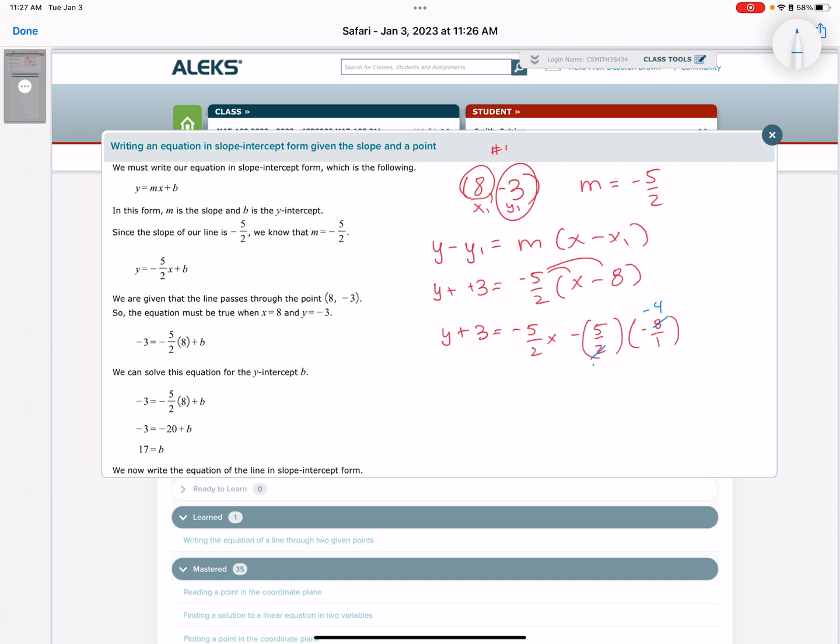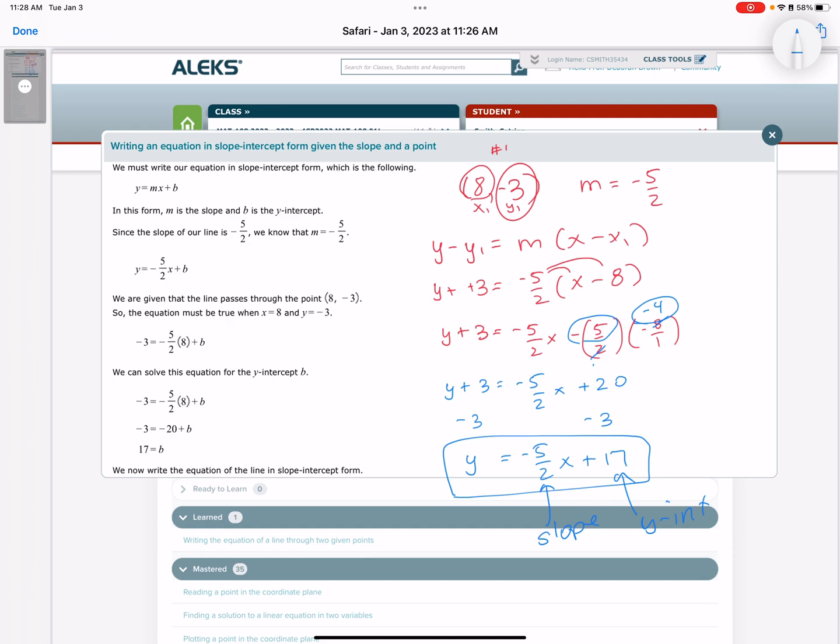And -4 times -5 is +20. So y plus 3 equals -5/2x plus 20. I'm going to subtract 3 from both sides, and I get y equals -5/2x plus 17. This here is my answer, where this is my slope, and this is my y-intercept.